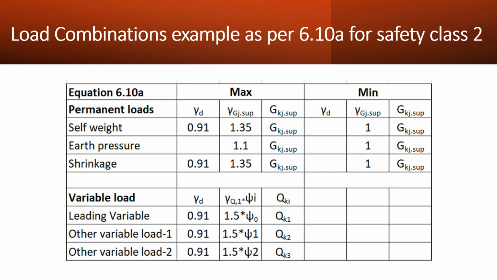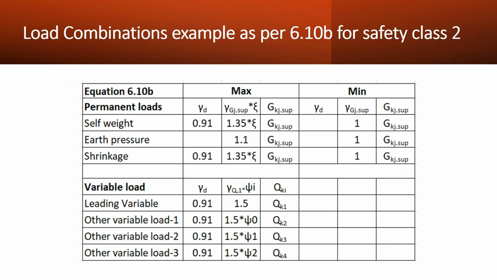Next time you have to consider variable load 1 as the leading variable load, and the other two variable loads are the accompanying variable loads. Then next, you consider variable load 2 as the main load, and the rest 2 are the accompanying variable loads. So you will get 3 or 4 equations like that, and you have to find the worst value.